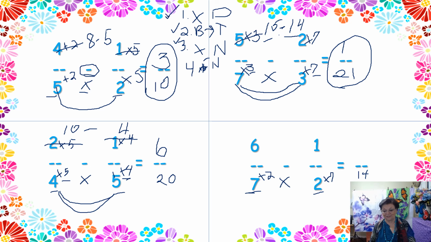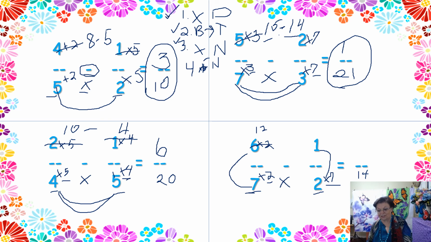Okay, whatever I do to the bottom, I have to do to the top. I multiplied this 7 times 2, so now I have to multiply this 6 times 2. What is 6 times 2? 12. Okay, over here, whatever I do to the bottom, I have to do to the top.